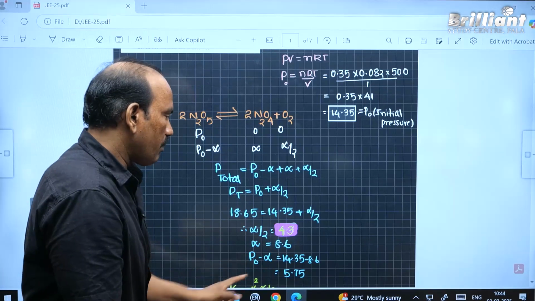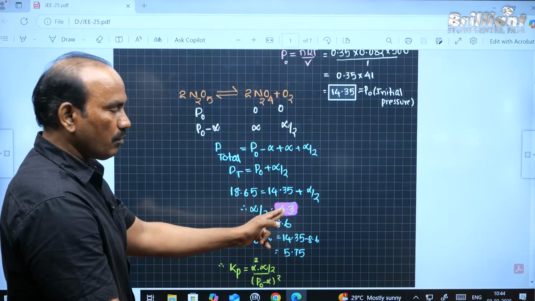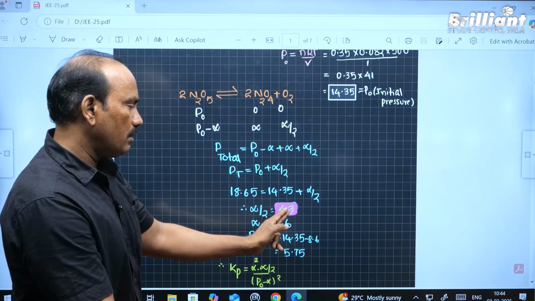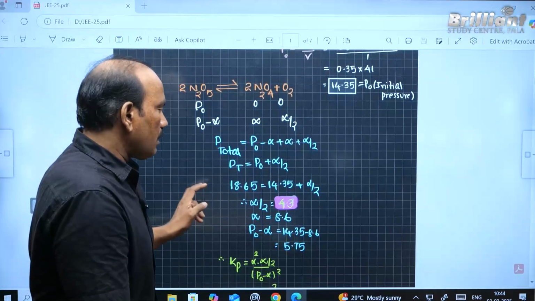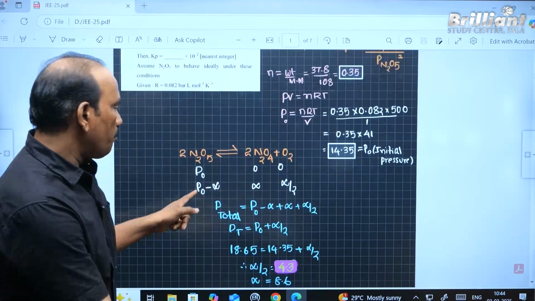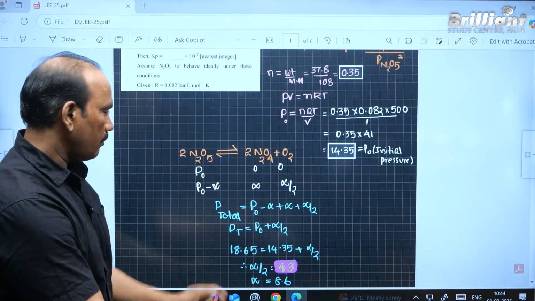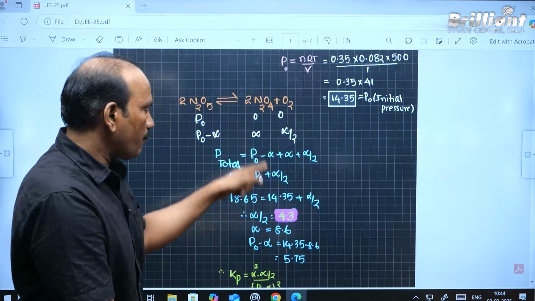14.35 plus alpha by 2. We are calculating the alpha by 2 value. Alpha by 2 equal to how much? 4.3 bar. Okay? Now, here what values are required? P0 minus alpha. This is alpha by 2, so we get only alpha.